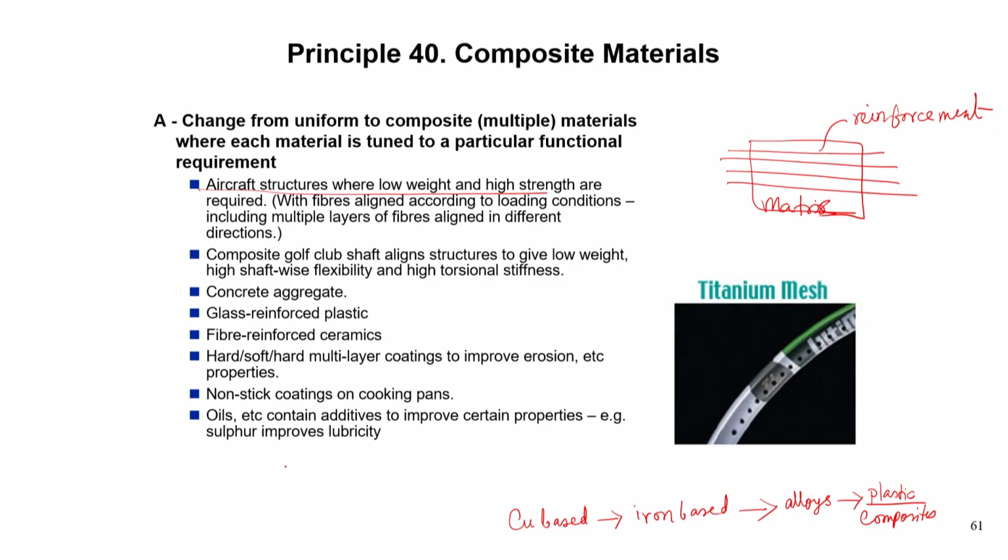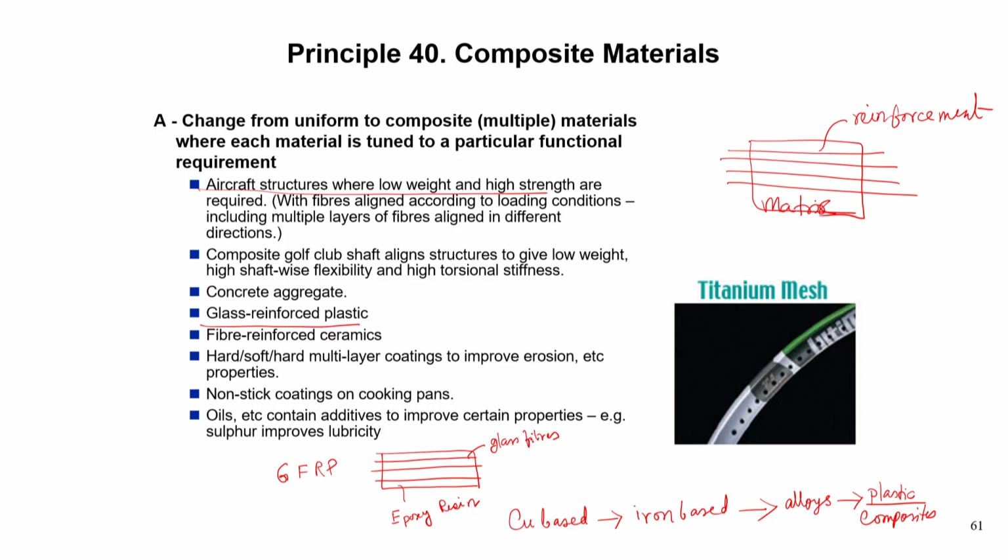I will give you one example. A very common composite is called glass reinforced plastic, GFRP. So what does it contain? GFRP's matrix is epoxy resin, so it is a type of resin. This is the matrix, and then it can have fibers like the glass fibers.